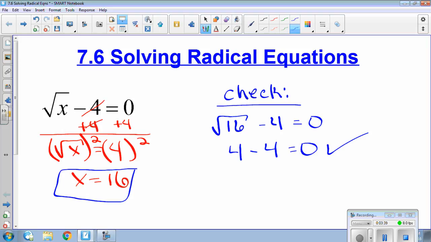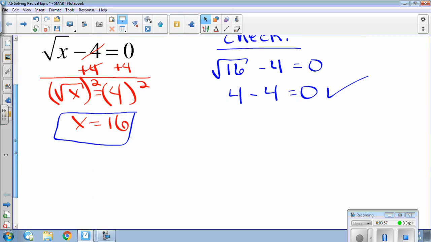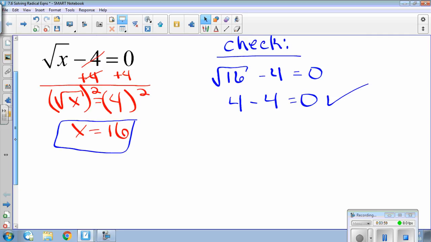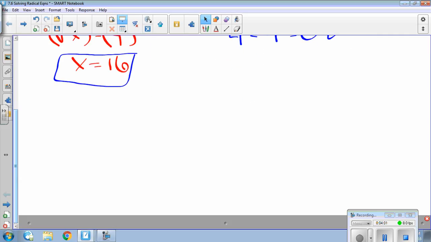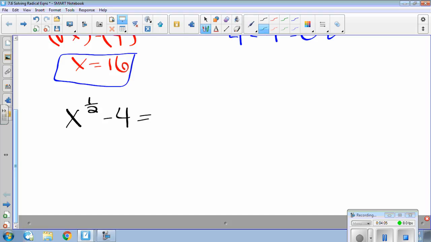Now, let's take this same problem. Instead of writing the square root of x, I'm going to write x to the 1/2 power. And I'm going to show you why it's mathematically okay to square both sides to get rid of that radical. So, same problem. We had square root of x minus 4. So let's say that was x to the 1/2 minus 4 equals 0.